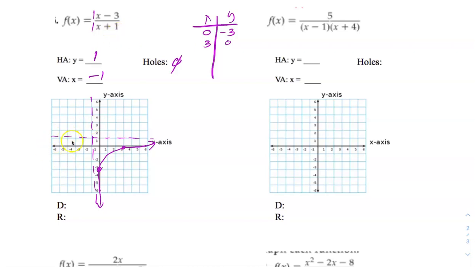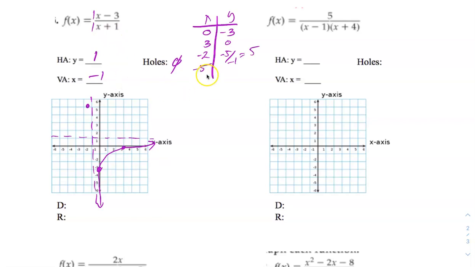If I plug in points on this side, so I'm just picking stuff, let's see, -2, and let's say -5, just to get a feeling what it looks like. So if I plug in -2, I get -2 minus 3 is -5, over -2 plus 1 is -1, so I just get 5 actually.